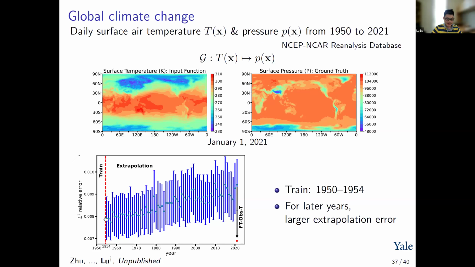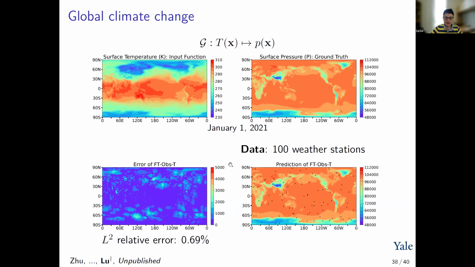And in the plot here, you can see for later years, we have larger and larger error. Well, this is because we have global climate change. The correlation between the temperature and pressure is changing over time. So essentially, we have extrapolation for later years. Now, how can we improve this? We assume we have an extra data set.